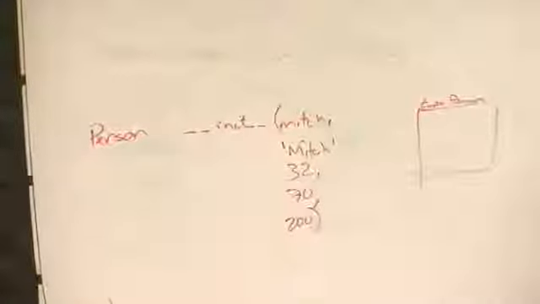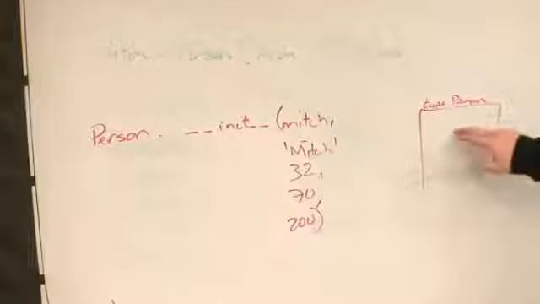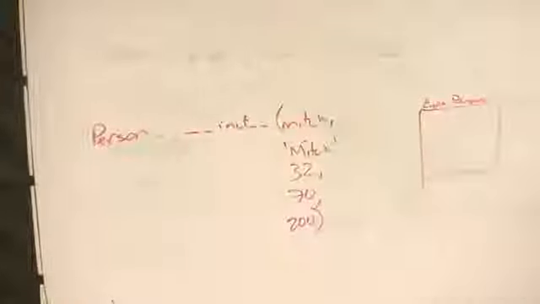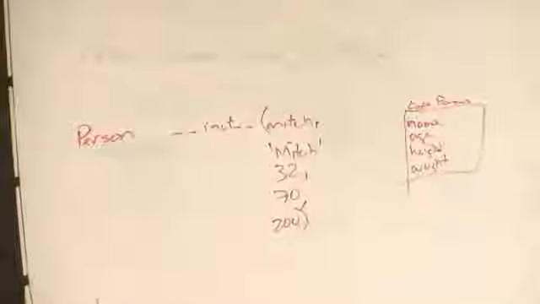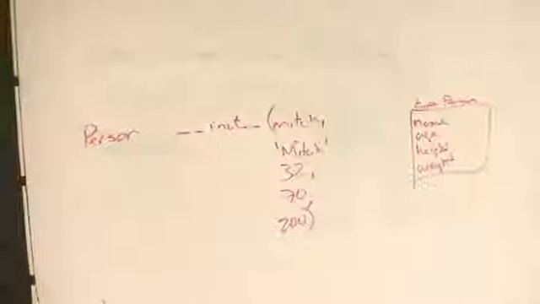And then in the init method, all we're doing is creating new attributes on this chunk of memory. So we're going to have an attribute name, an attribute age, height, weight. Okay? And then we have a bunch of accessors or getters, mutators or setters.